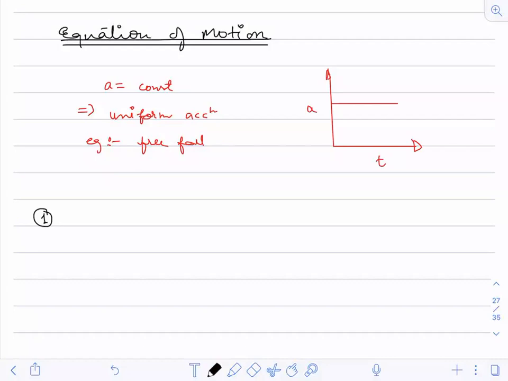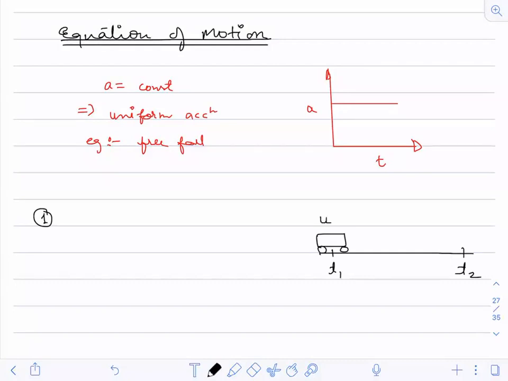Suppose a body has just started to move with velocity u. I'm drawing a physical situation over here. Suppose this is time t1, this is time t2. Here a car is currently moving with velocity u.